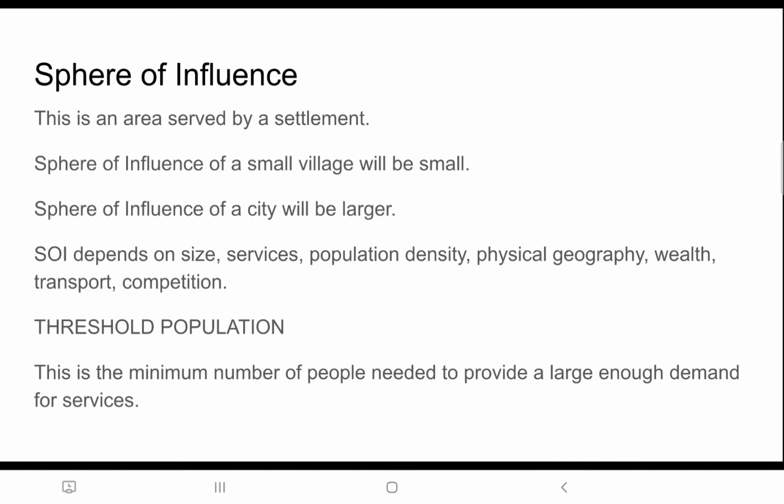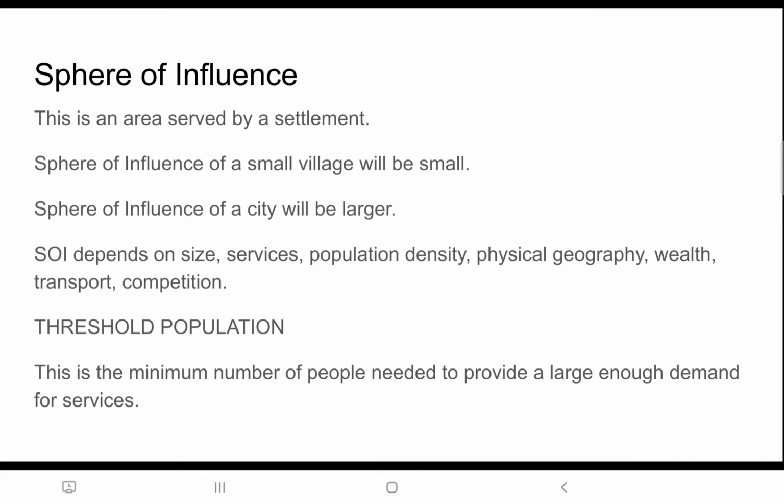So services with a small threshold population, such as local shops or primary schools, are called low order services. There's usually a lot of these, okay? And services with a large threshold population, such as a furniture store or a university, that's a high order service. There's usually a small number of these high order services.